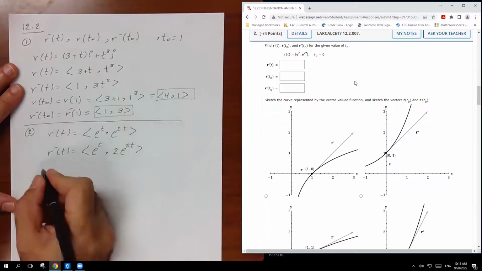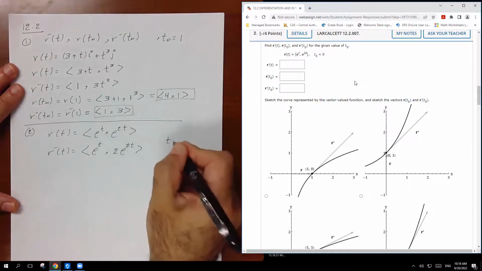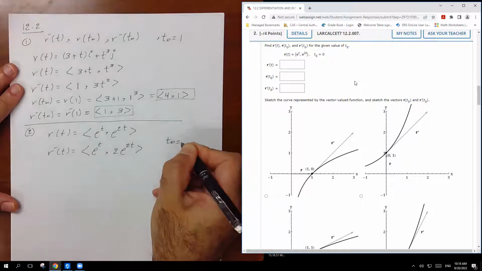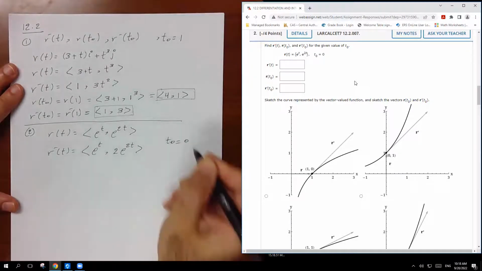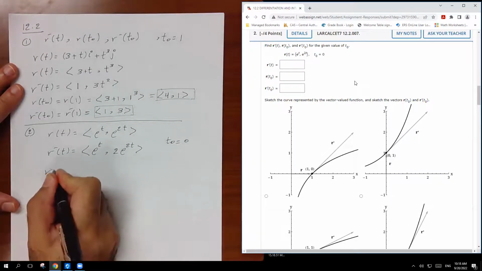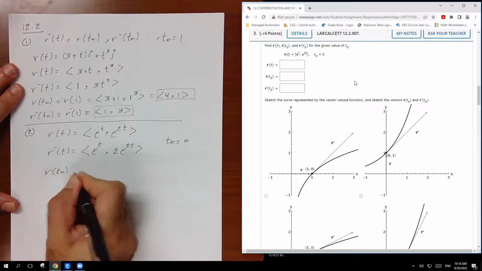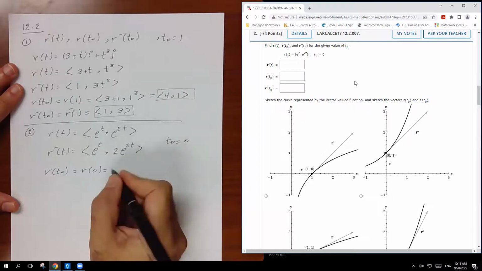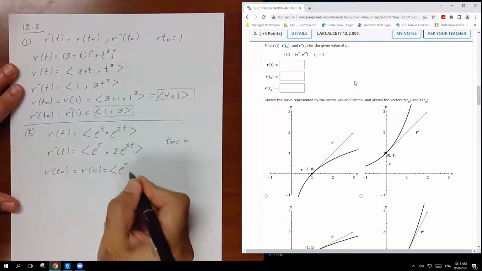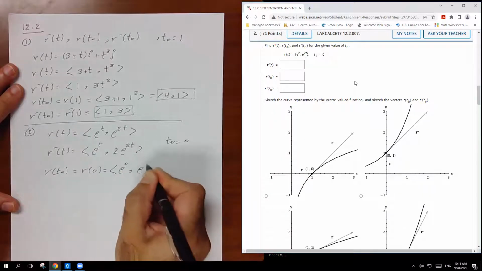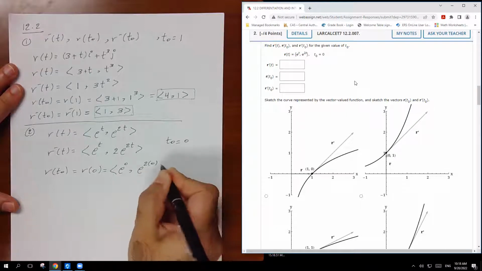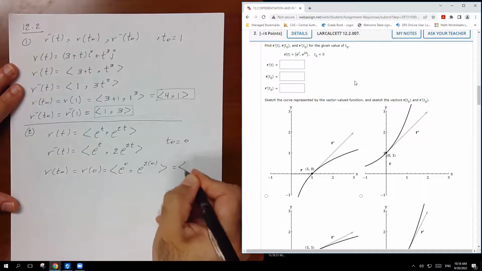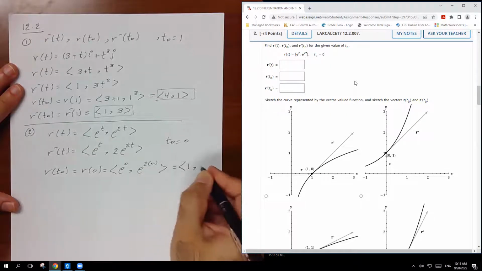Now this is r. They ask you t naught equal 0. That means r of t naught is going to be r of 0, which equals e to the 0 and e to 2 times 0. So it's going to be 1, and also here is going to be 1.